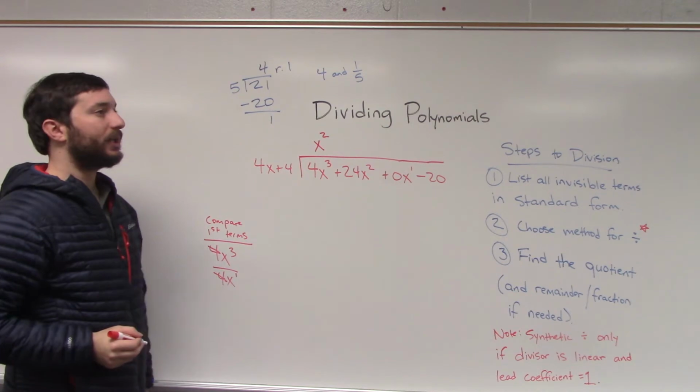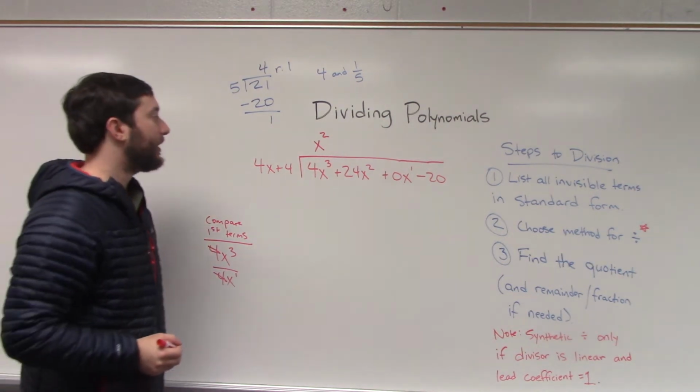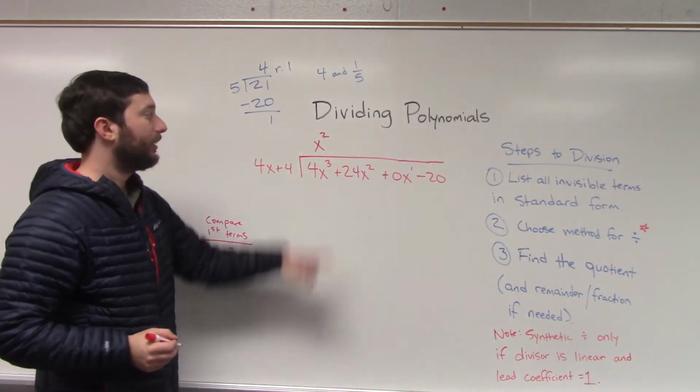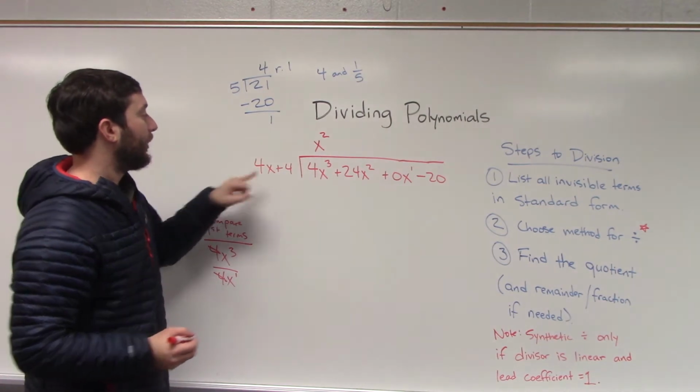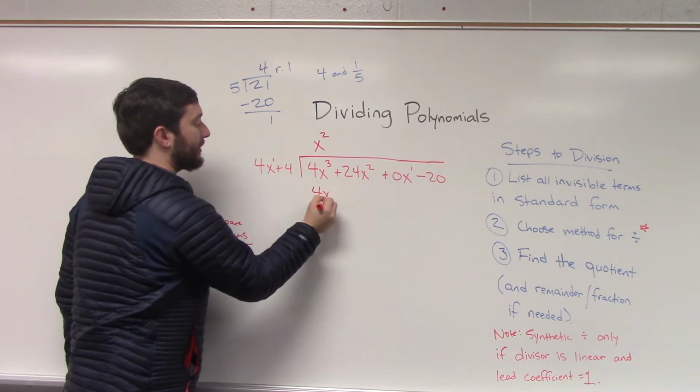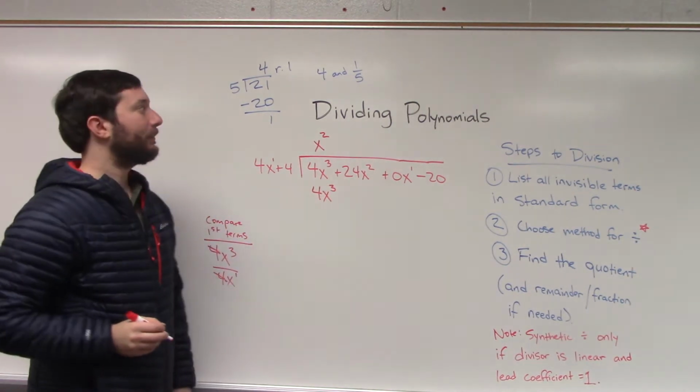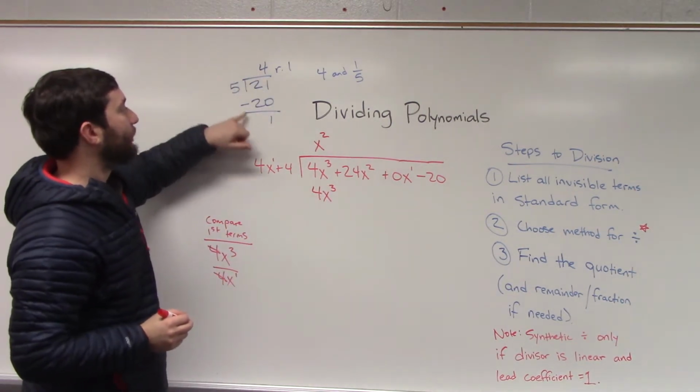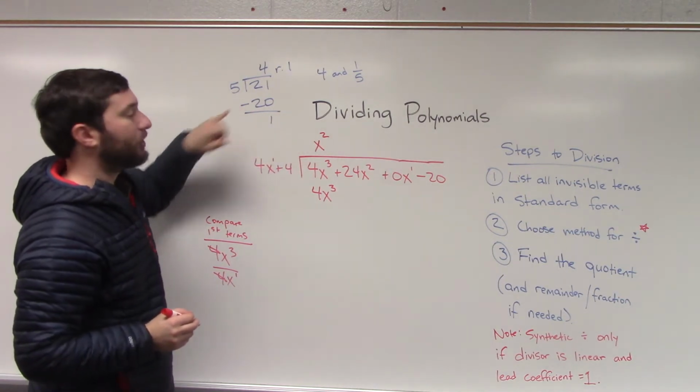So here's the way that you can double check this to make sure that you have the right start to your answer. X squared times 4x to the first is 4x cubed. But remember, what do we do when we multiply back? We draw a line and change the sign.